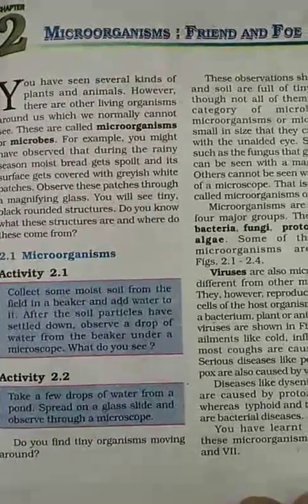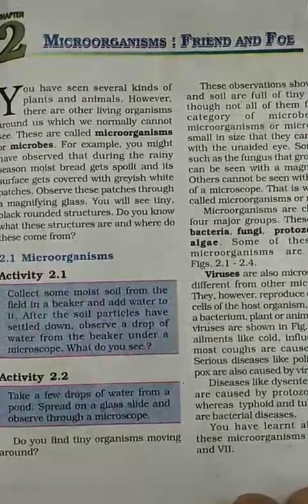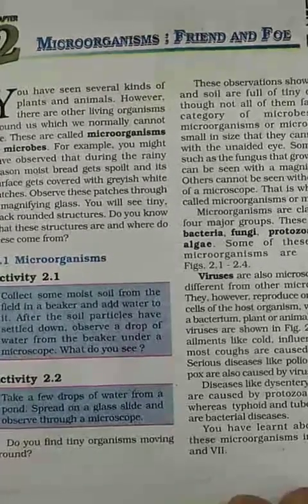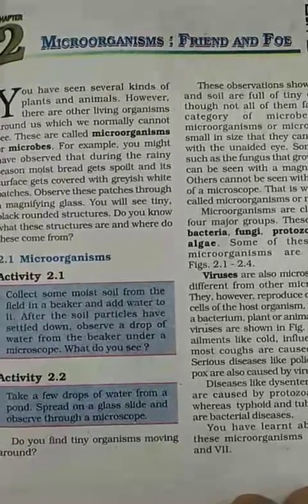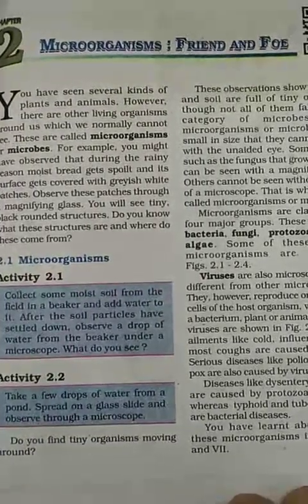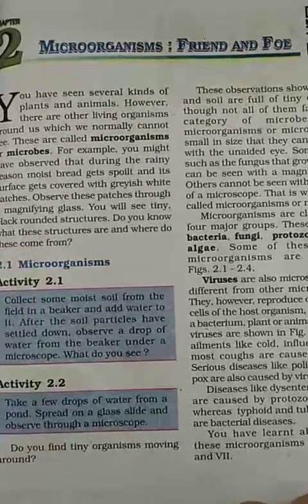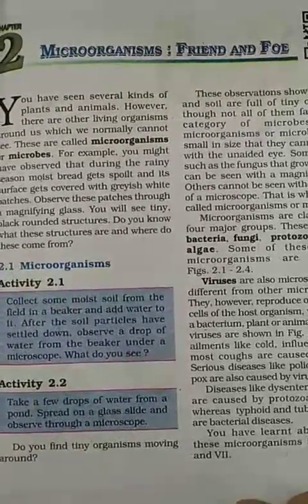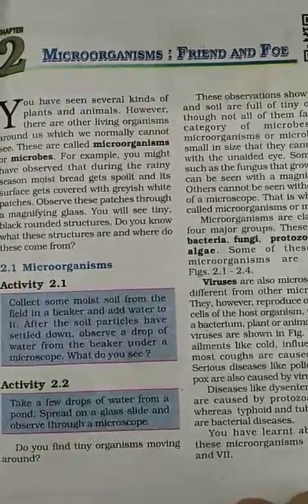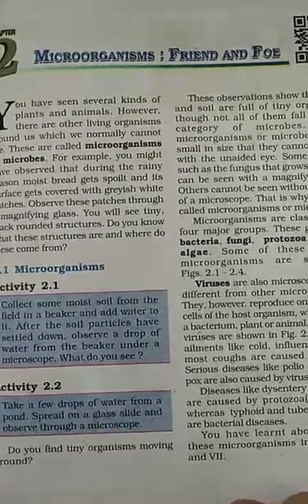We have seen several kinds of plants and animals. However, there are other living organisms also present around us which we normally cannot see. These organisms are known as microorganisms or microbes. For example, we have observed that during the rainy season, a bread gets spoiled and its surface gets covered with grayish greenish white patches.